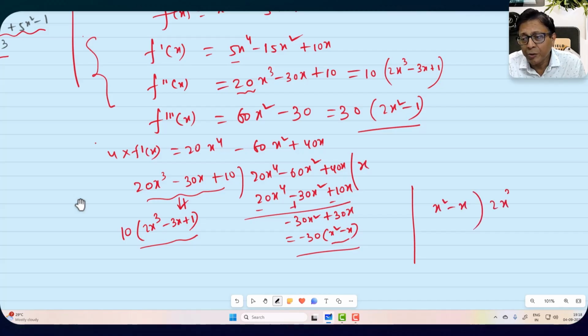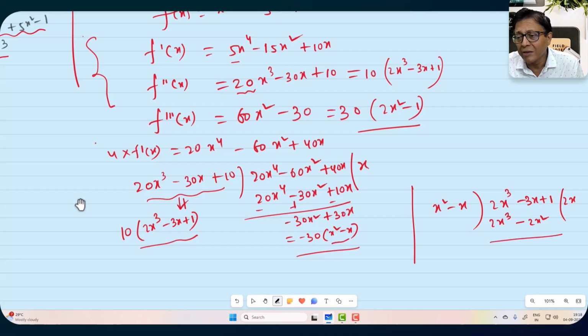It will be 2x cube. You take 2x over there, 2x cube minus 2x square. Take plus 2 over there.